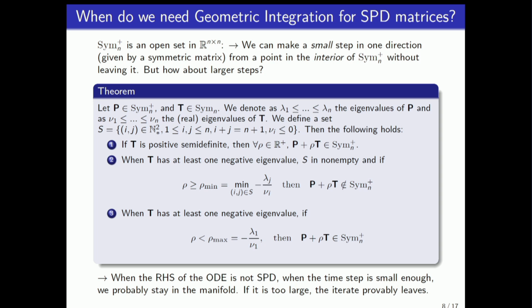But basically what we've said is that if the right-hand side is SPD as well, it's always symmetric but not systematically SPD, then you don't have any issues. It's very easy to show. But if it is not, we have bounds on the steps so that we can either guarantee that we stay on the manifold or we can guarantee that we actually leave the manifold. And these bounds are based on ratios of eigenvalues between the right-hand side and the current iterate.